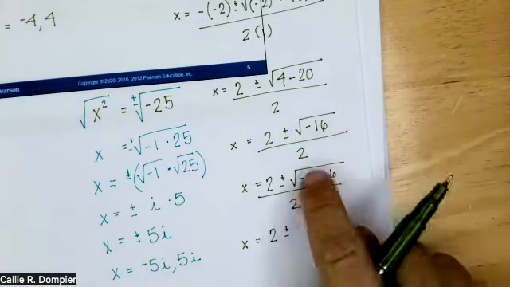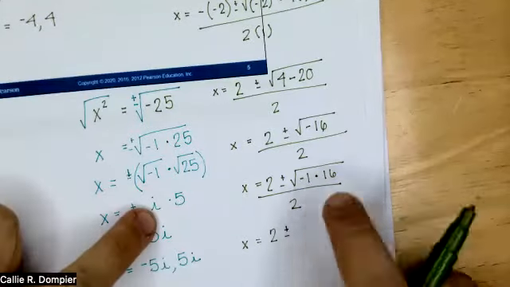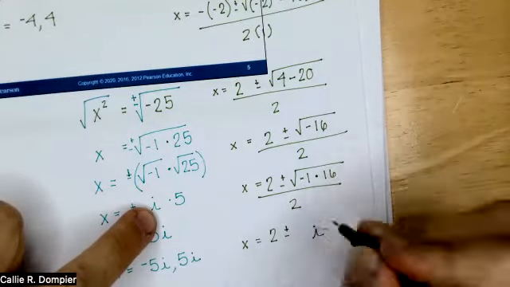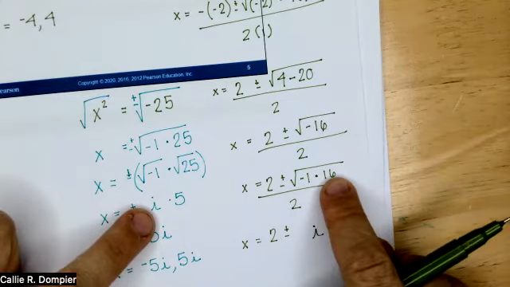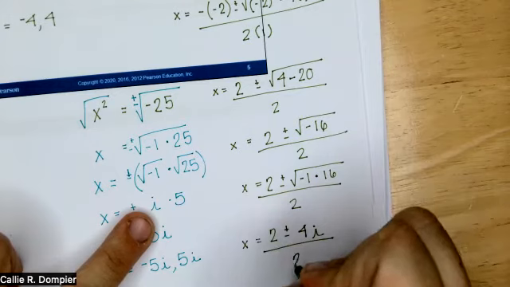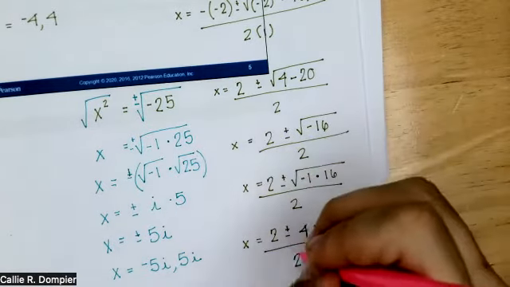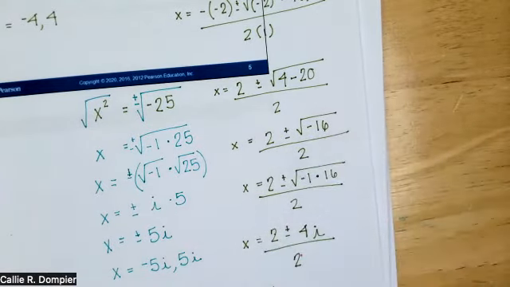2 plus or minus the negative 1, the square root of negative 1, just like here, becomes i, right? And what is the square root of 16? The square root of 16 is 4. Good. Now I can take 2 divided by 2 becomes 1, right?